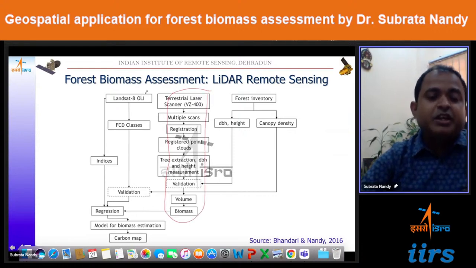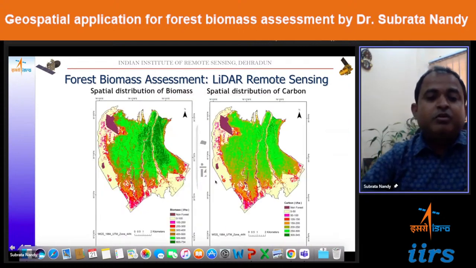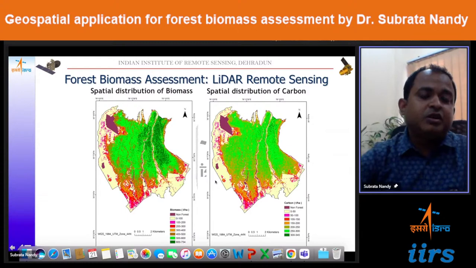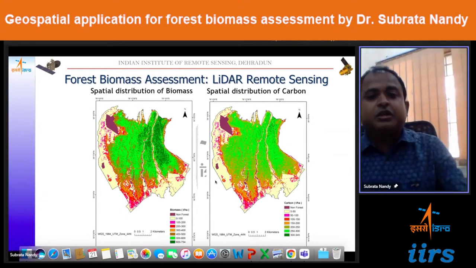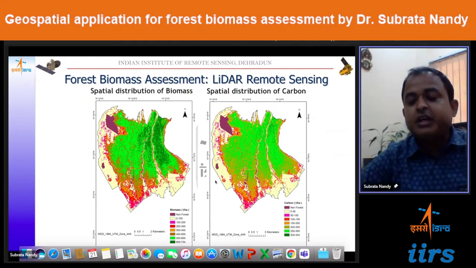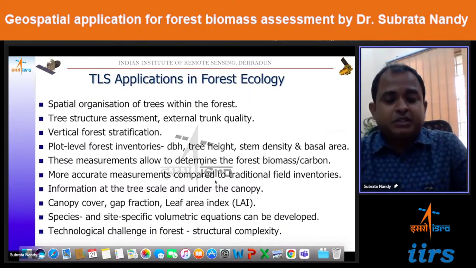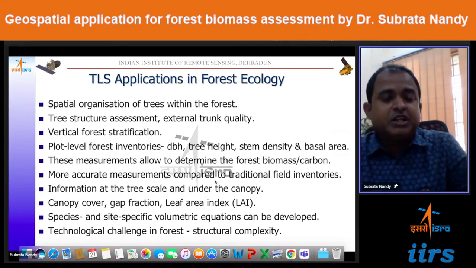Integrating this with satellite data, we could map the biomass of this area also. In this case, we did the field inventory using the terrestrial laser scanner. So a biomass map as well as a carbon map of the area can be generated.